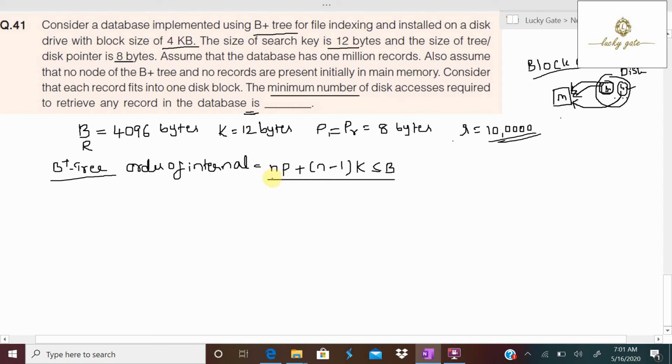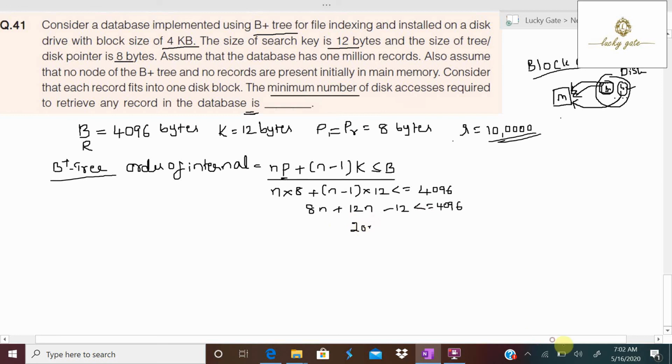Say n is the order, and the size of the tree pointer, that is the block pointer, is 8. So n into 8 plus n minus 1 into the key size of 12 bytes is less than or equal to the block size of 4096. When you solve this equation, 8n plus 12n minus 12 is less than or equal to 4096.